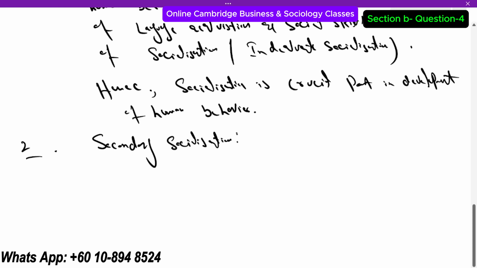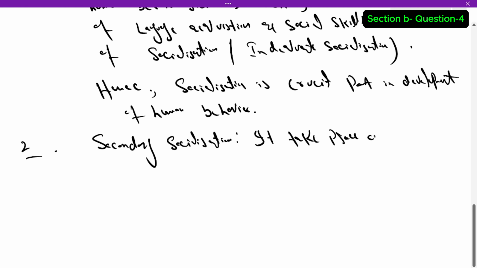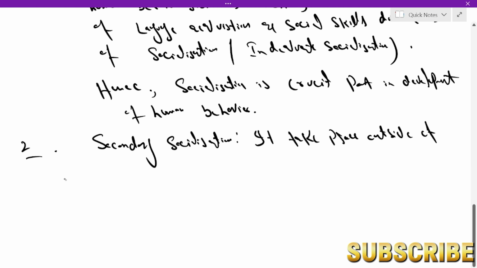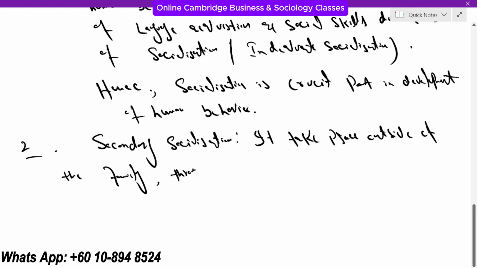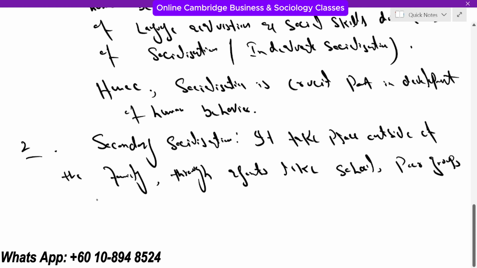Secondary socialization. Now again, start from the introduction, then give an example, then conclude it. So in the introduction, what we can write under that particular heading: secondary socialization takes place outside of the family, through agents like school, peer groups, and media.